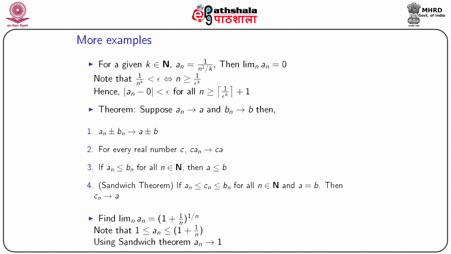If an is less than or equal to bn for all n belonging to the set of natural numbers capital N, then a is less than or equal to b. And the last result, which is very important, is called the sandwich theorem.